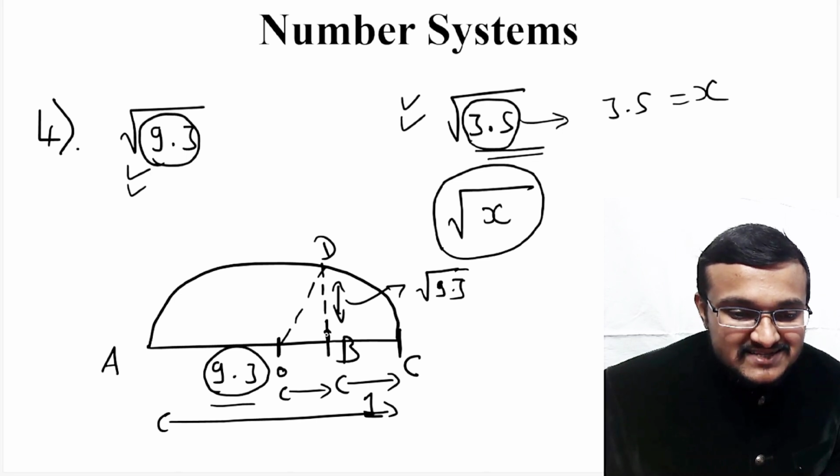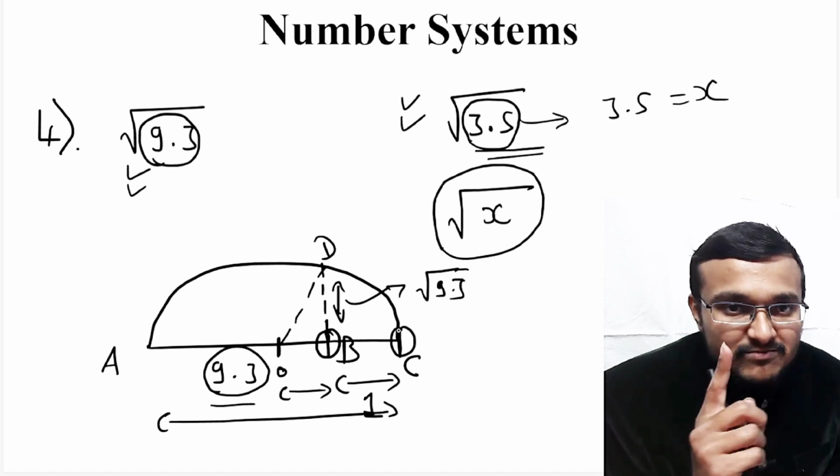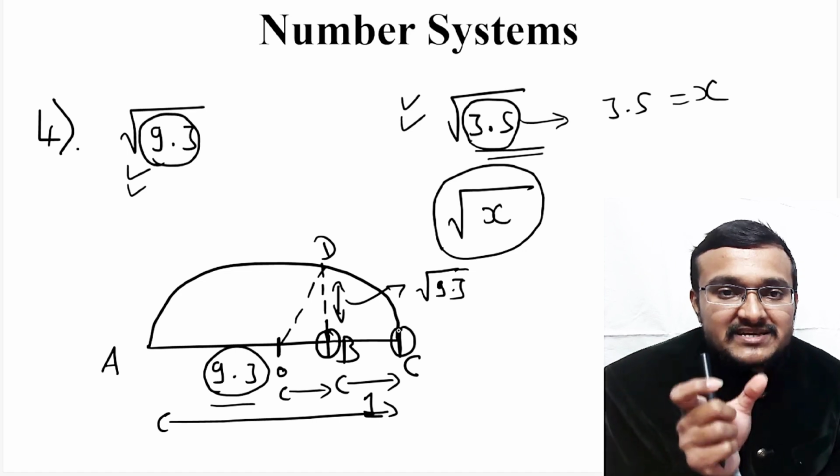Then you can place this semicircle on the number line in such a way that B comes at the 0th position and C comes at the 1 position, because the length between B and C is 1 unit.